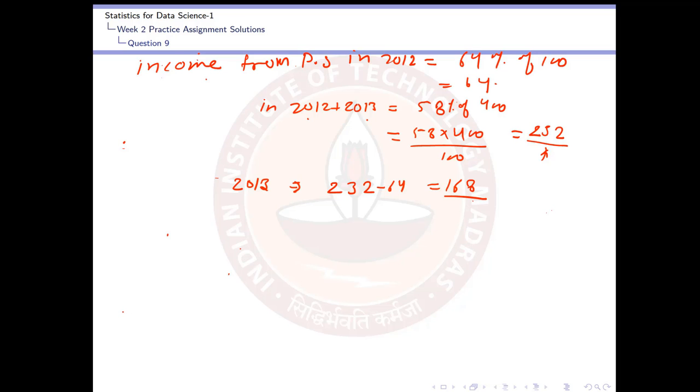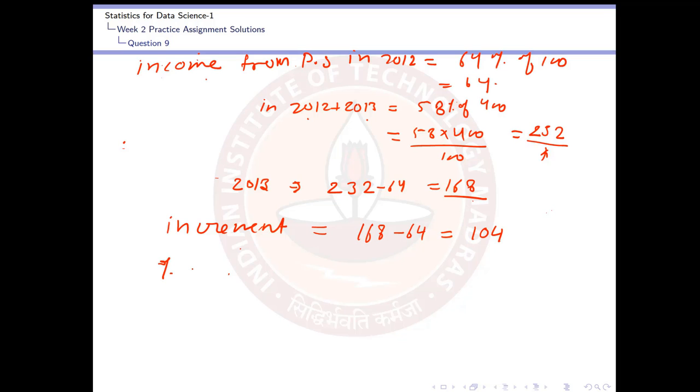But we have to calculate the increment from 2012 to 2013. So the increment will be the income of 2013 minus the income of 2012. That is 168 minus 64. That is your increment. It is 104.